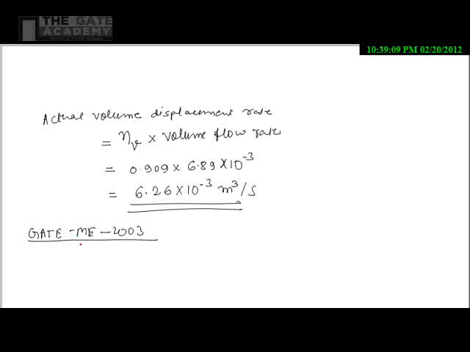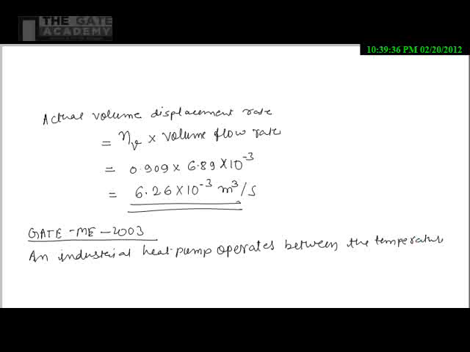An industrial heat pump operates between the temperatures of 27 degrees centigrade and minus 13 degrees centigrade.